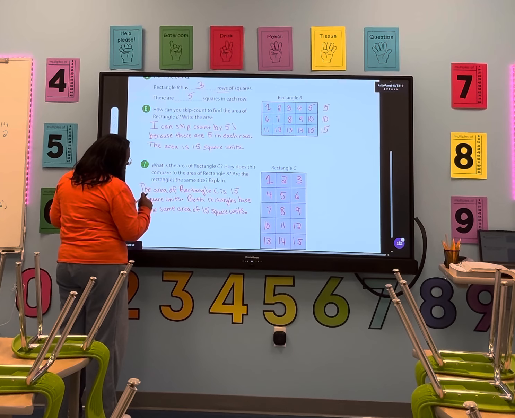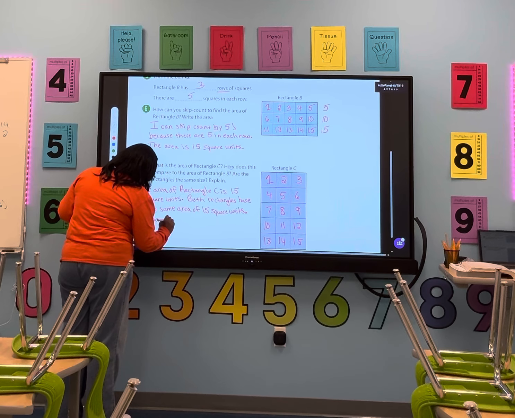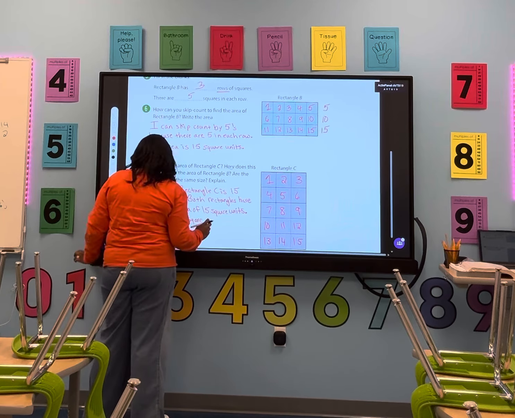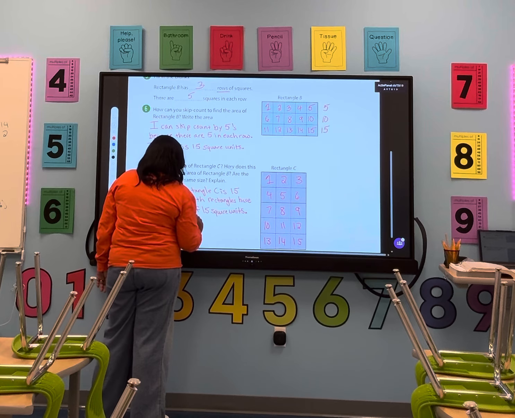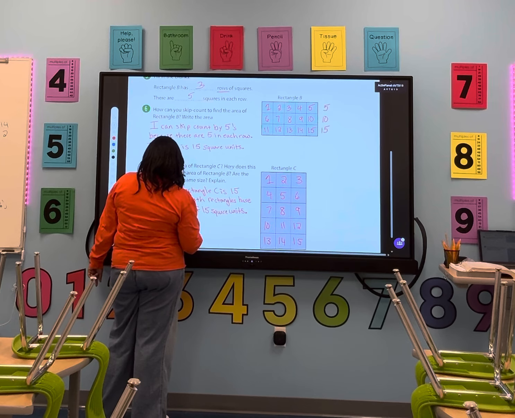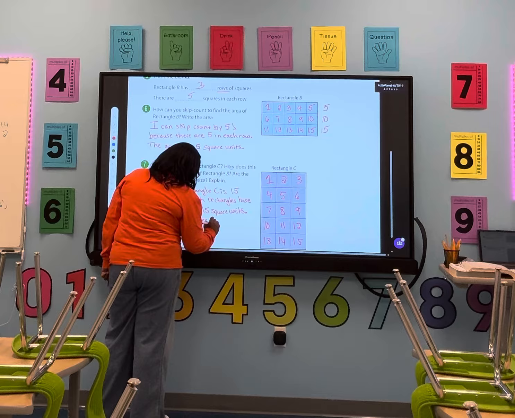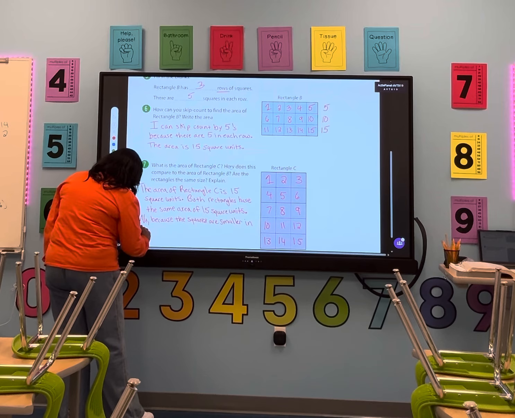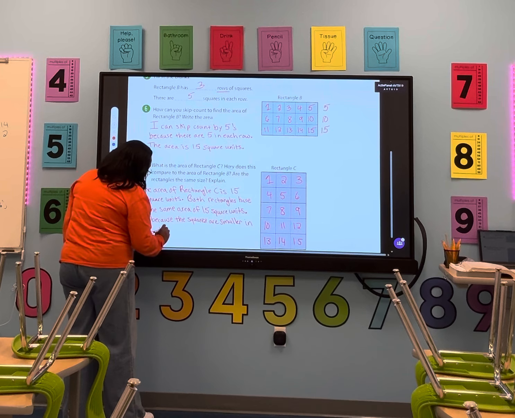So let's answer the question. Are the rectangles the same size? No, because the squares are smaller in rectangle B. All right.